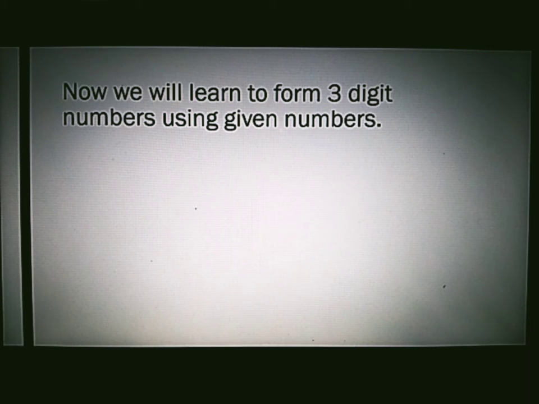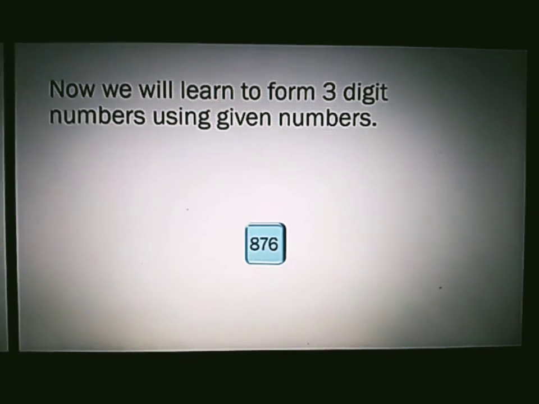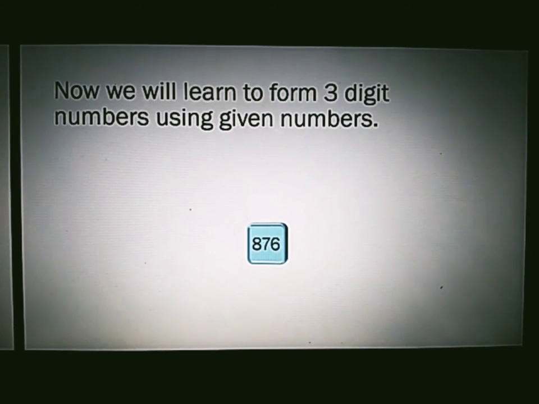Now we will learn to form 3-digit numbers using given numbers. If the given numbers are 8, 7 and 6, we can rearrange these numbers to create more 3-digit numbers.